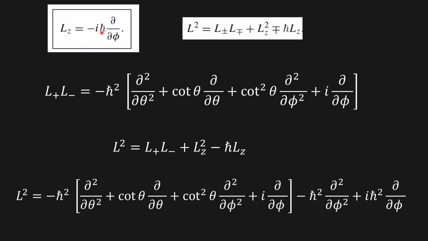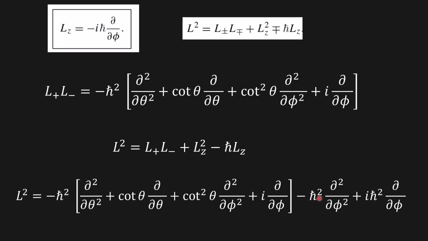If you take the square of this one, you will get minus h cross squared delta 2 over delta phi 2. Then what is minus h cross Lz? If you multiply this with minus i h cross, here you have minus, here also you have minus. This will become plus i h cross. Already there is another h cross here, so this will become i h cross squared multiplied by delta over delta phi.